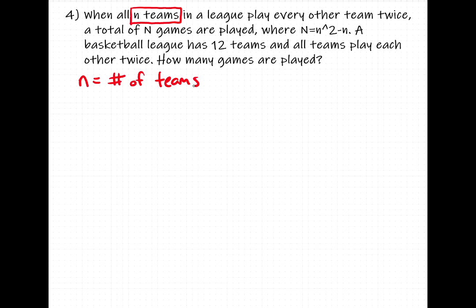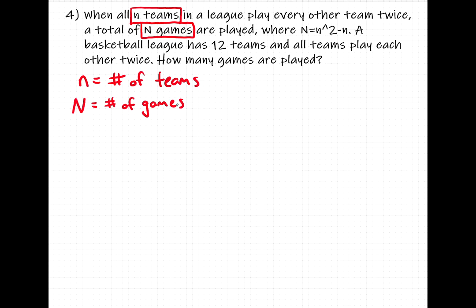The league plays every other team twice, a total of capital N games. Now these are both the letter N, but they're completely separate variables. They might as well be X and Y. Lowercase n and uppercase N, two separate symbols. So uppercase N equals number of games.